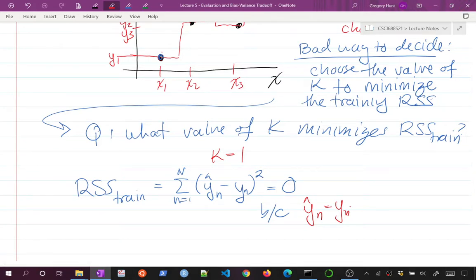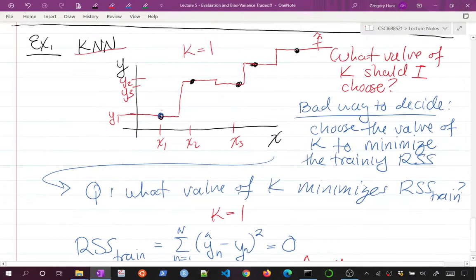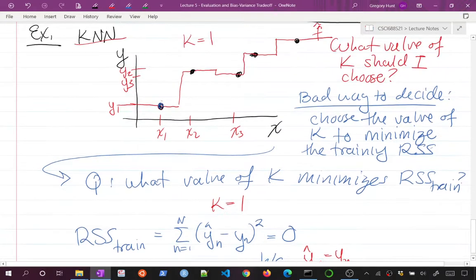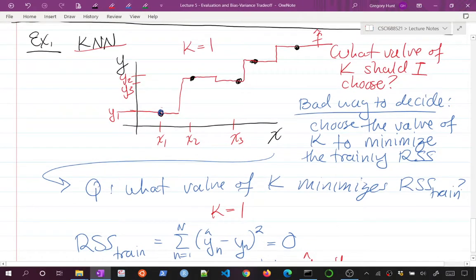There's nothing particularly strange about this data. I generated some random points I drew here, and I said, let's minimize the training RSS. Turns out you can make it 0 if you choose k equal to 1. It just interpolates my points. The training RSS is 0. So is it always best to choose k equal to 1?